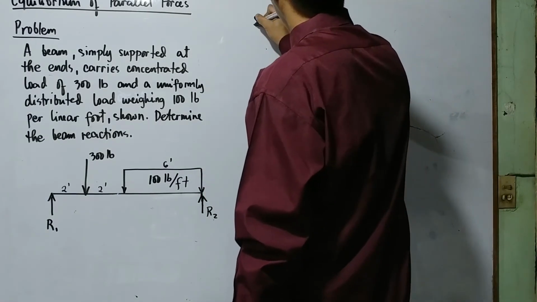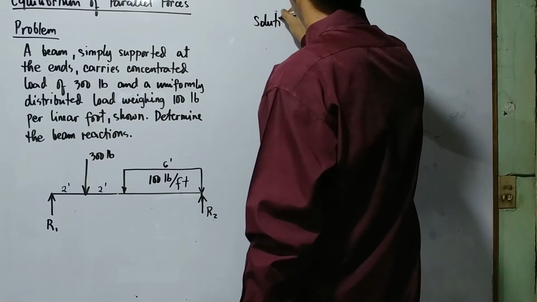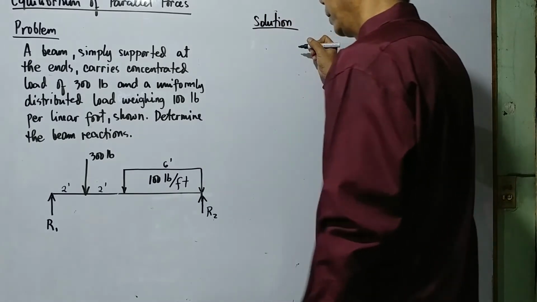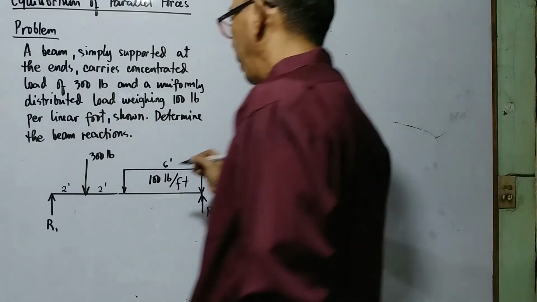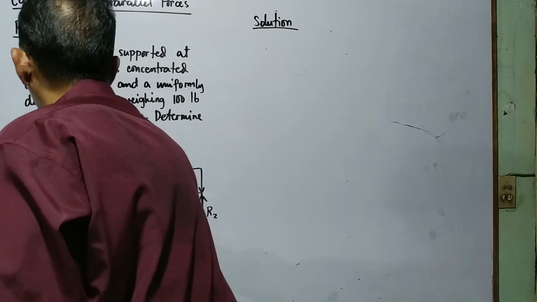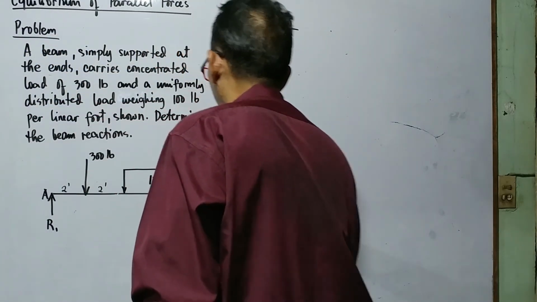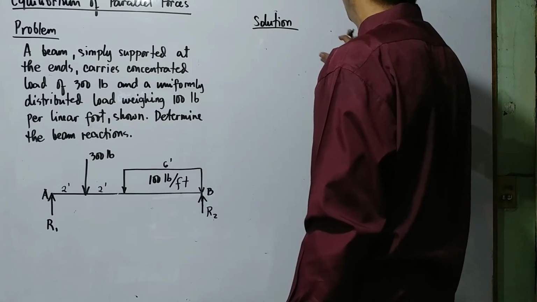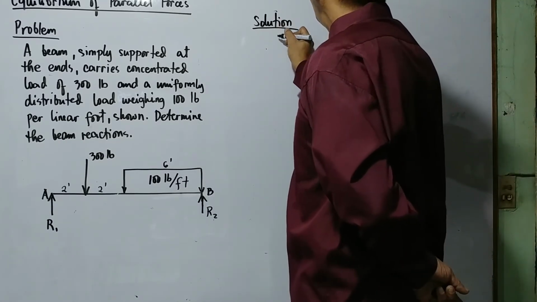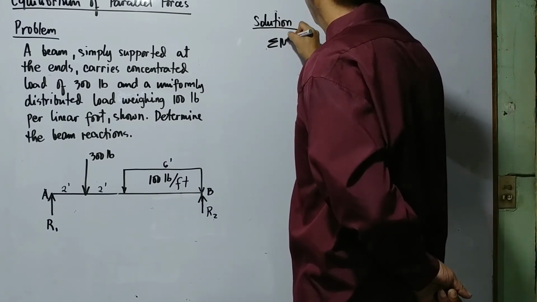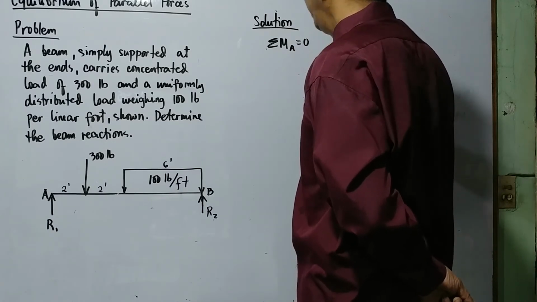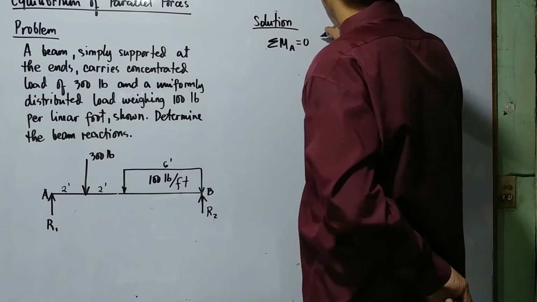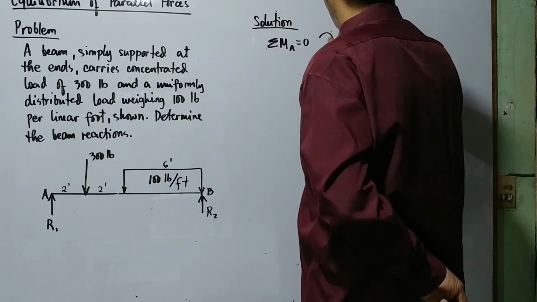To solve it, if this is our point A and this is our point B, summation of moment at A equals 0. Take clockwise moment to be positive.